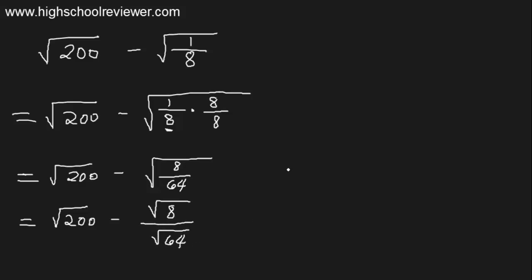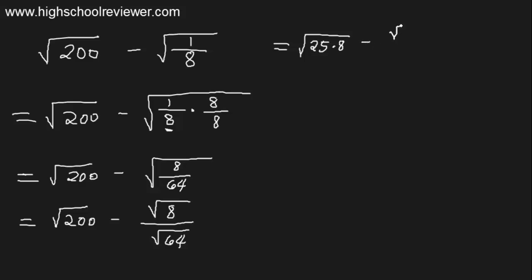Okay, so we can factor out 200 wherein one of the factors is 8. So 200 divided by 8, that will give us 25 times 8. So this will be the square root of 25 times 8 minus square root of 8.